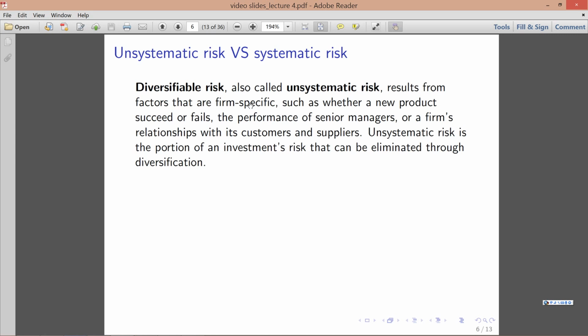It only affects one firm or a small group of firms or assets. So those risks can be eliminated if you combine different firms or assets together, because some are affected, some are not. That's why diversifiable risk is also called unsystematic risk, because it's not systematic.